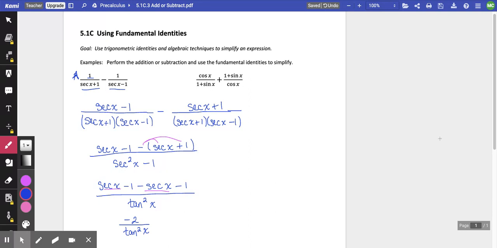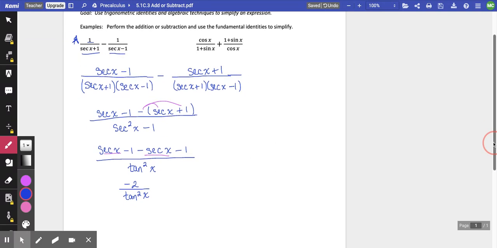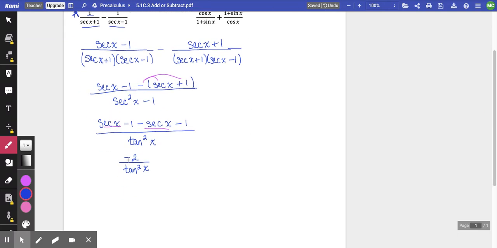Now I ran out of room there. Actually, I can move the paper down here. Okay, now my job was actually to get rid of the fraction in this, and it's still a fraction right now. I've still got a numerator and a denominator. So I'm going to use one more identity to fix that. This is like saying negative 2 times 1 over tangent squared of x.